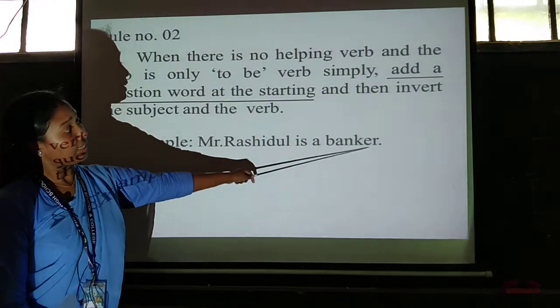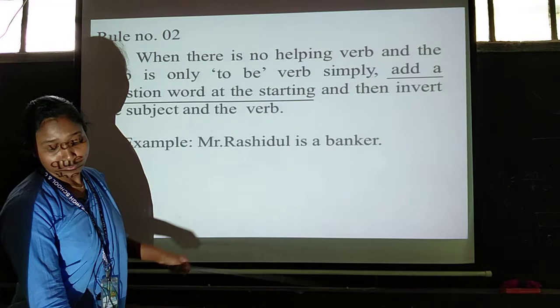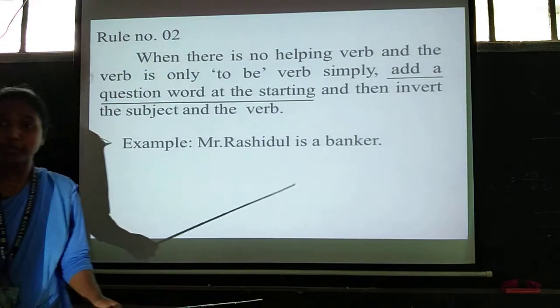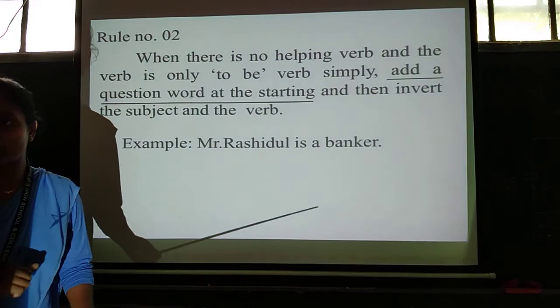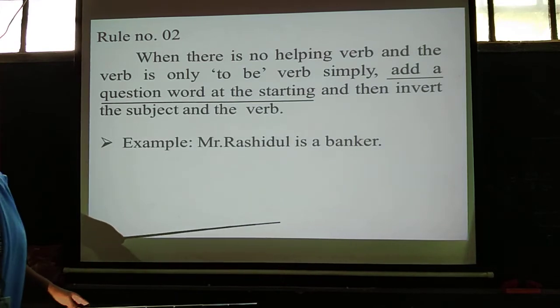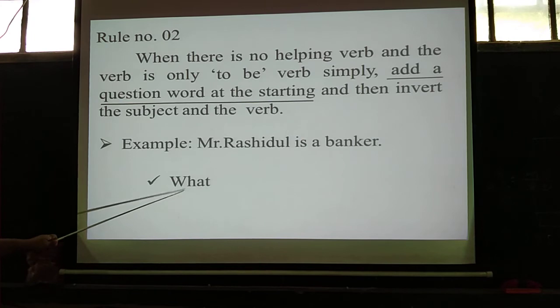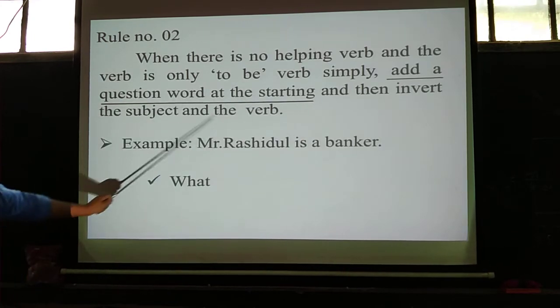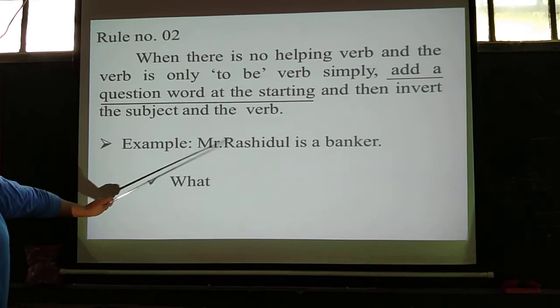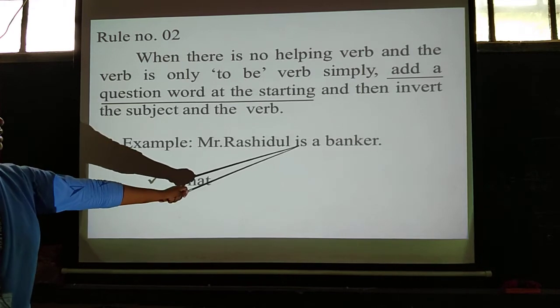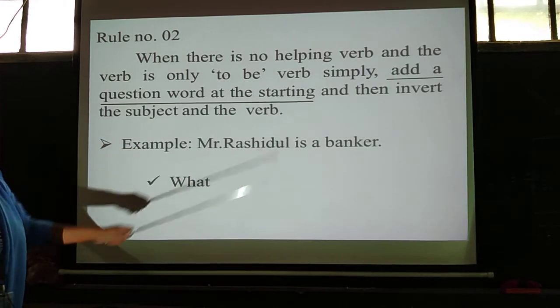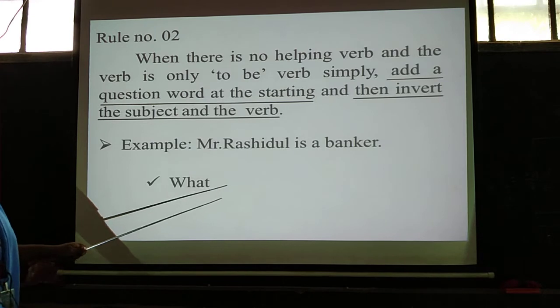Okay, the underline is under the banker. So when we ask about someone's profession or occupation, what WH question word do we use? We use what. Okay, what, and then invert the subject and the verb. Here Mr. Rashidul is the subject and the verb is. So we have to invert them.